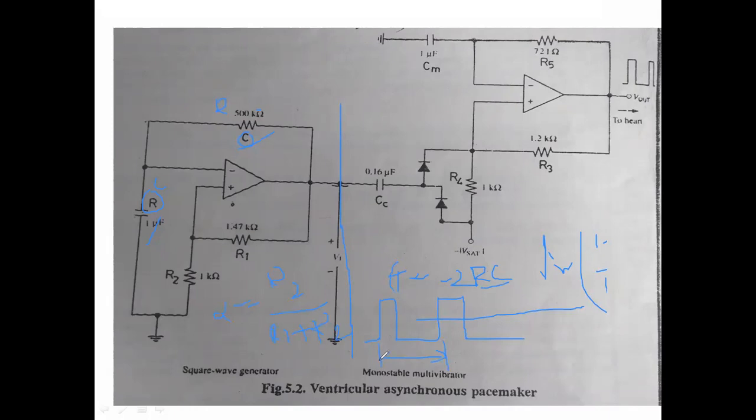We can adjust the time period and the time duration based upon the values of R, C and alpha, where alpha is based upon R1 and R2. With this we can get the time period T equal to 0.8589.